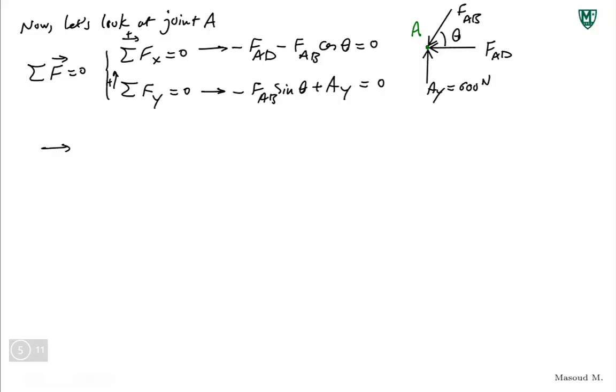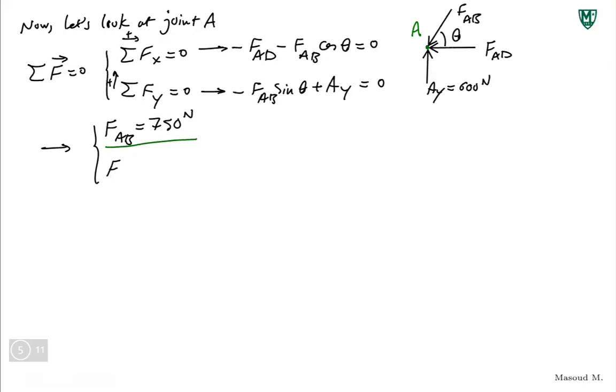So from there, let's see what we get. We get FAB as AY divided by sine theta. Hopefully I did the calculation. Yes, I did. It is 750, if I did not make any mistake. And from the first equation, FAD becomes minus FAB cosine theta.